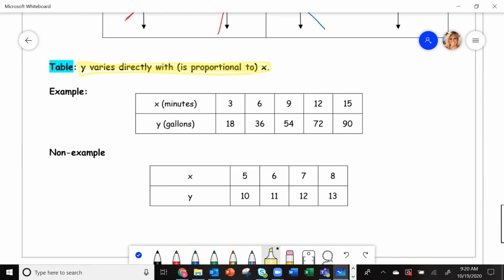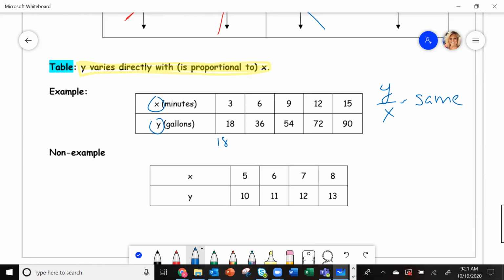So how do you figure this out when you have a table? The easiest way is to take y divided by x. If y divided by x is the same for every one, that means it is proportional.